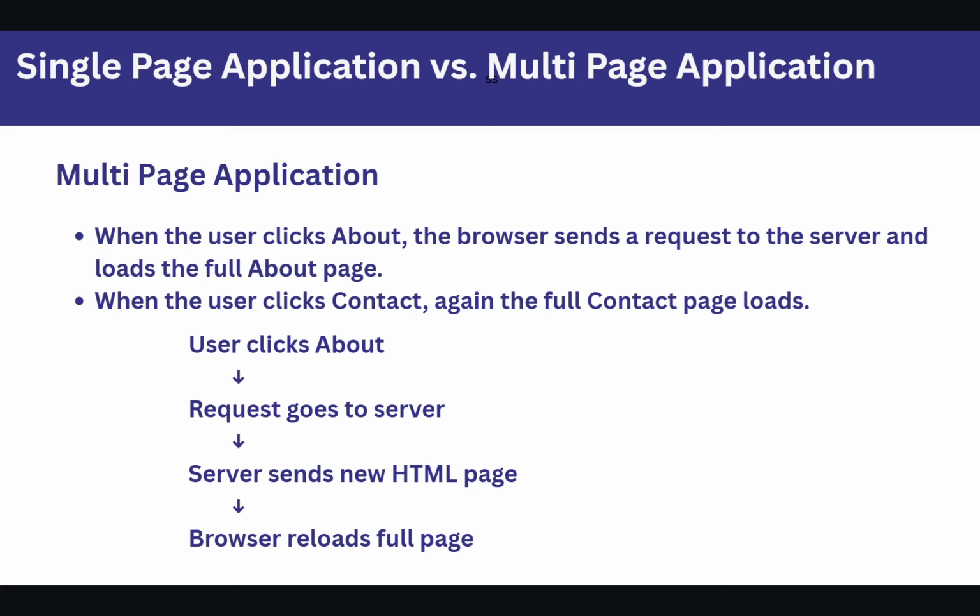The server sends the about.jsp or about.html to the browser, and the browser reloads the full page. Now imagine from the about page you click on the contact page. Again the request goes to the server. The server sends the contact page, and the browser reloads contact.jsp. So every time, the whole page gets reloaded.